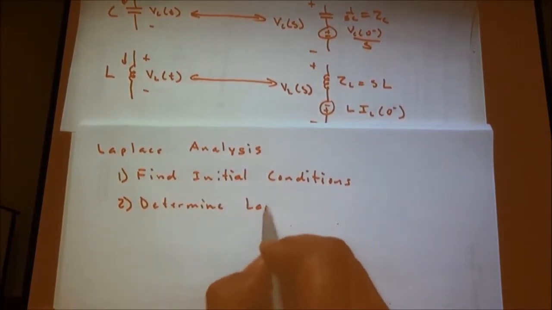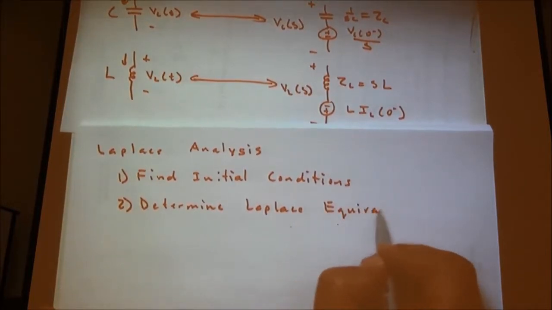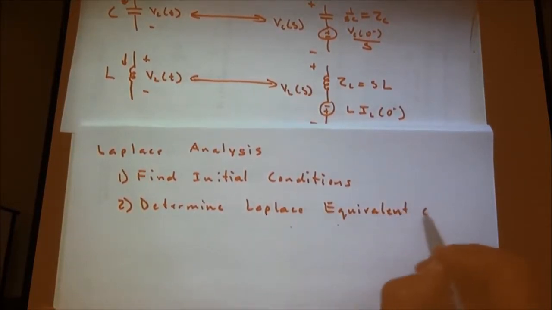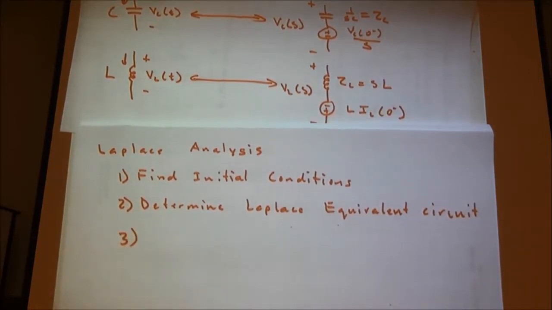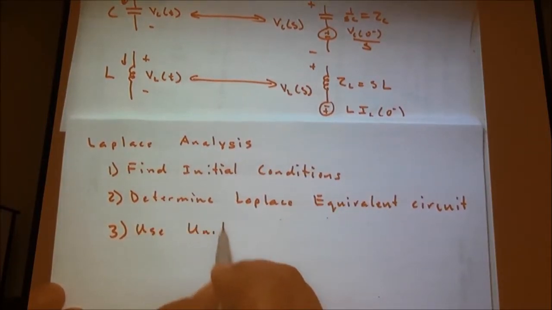Determine the Laplace equivalent circuit. And once you have the Laplace equivalent circuit, you can use circuit reduction concepts or any of our Unit 1 concepts. Use Unit 1 concepts.